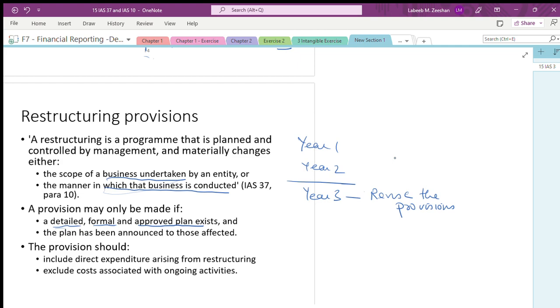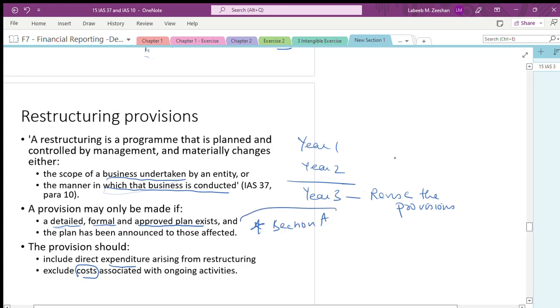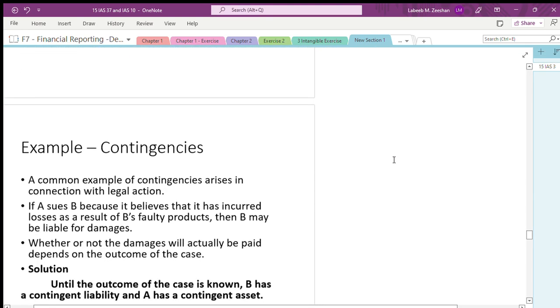A provision should include expenditure and it should be associated with what? It should be associated with the cost. This will be there in section A, as such. That is how we have to restructure.